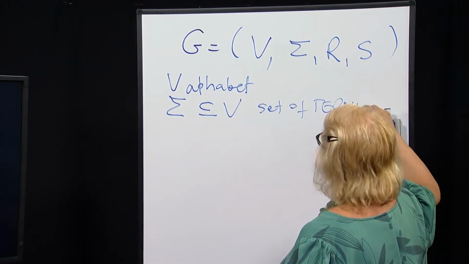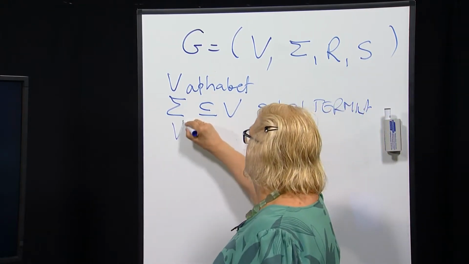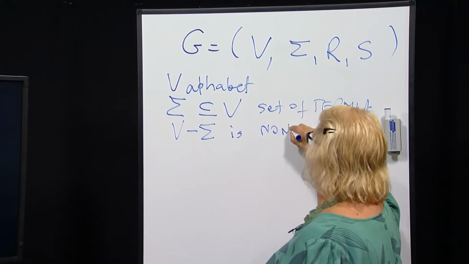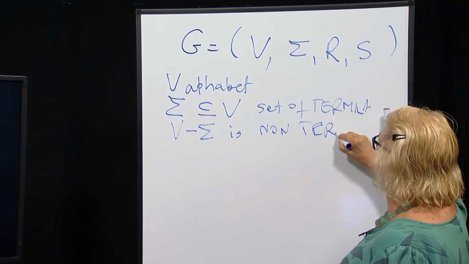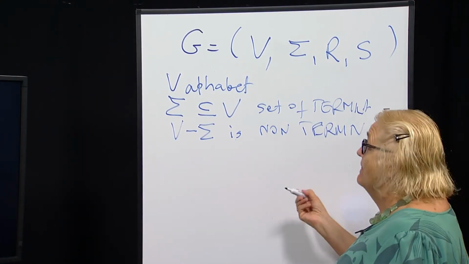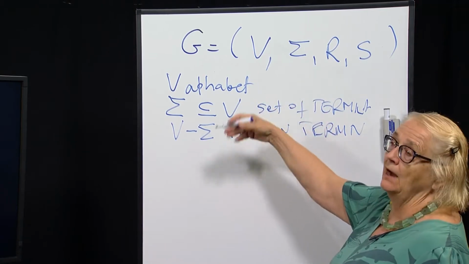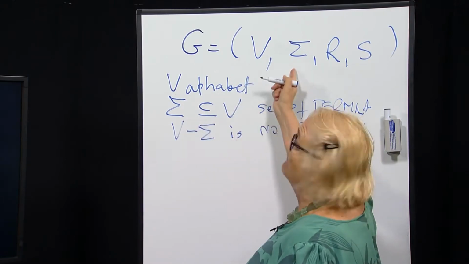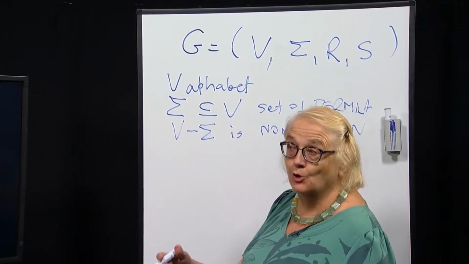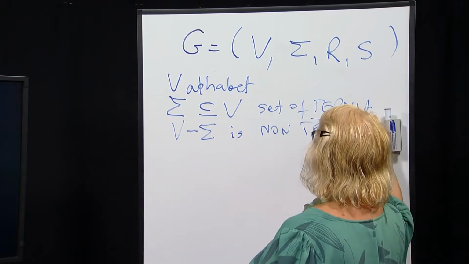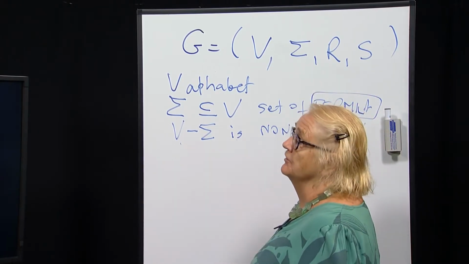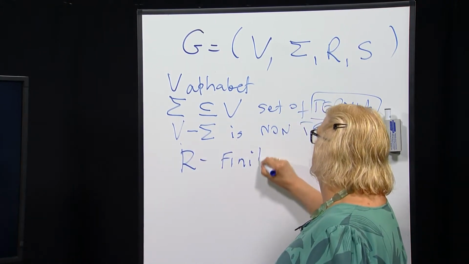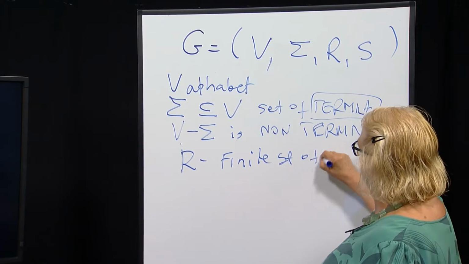And V minus sigma is the set of non-terminals. So this is the whole alphabet. In the alphabet, we have our sigma, which was our automata alphabet, and this is called terminals. V minus sigma is the non-terminals, and R is a finite set of rules.